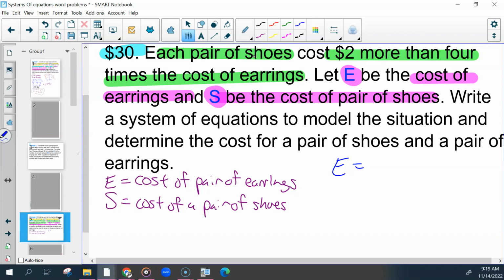Addition. So 2 plus 4 times the cost of earrings. How would you write that?